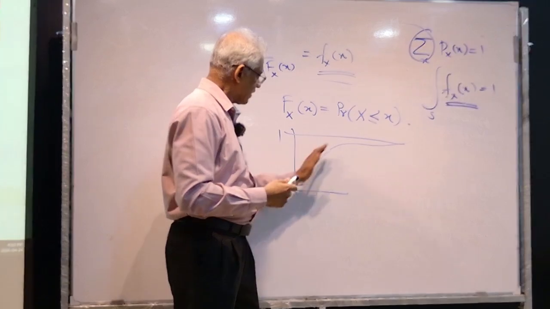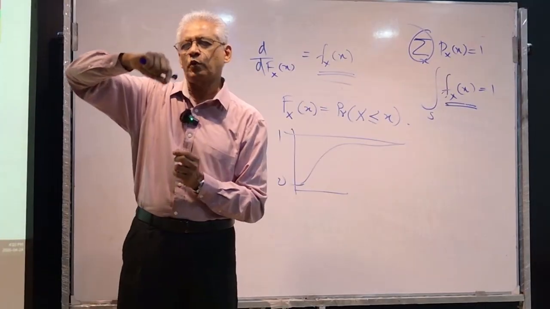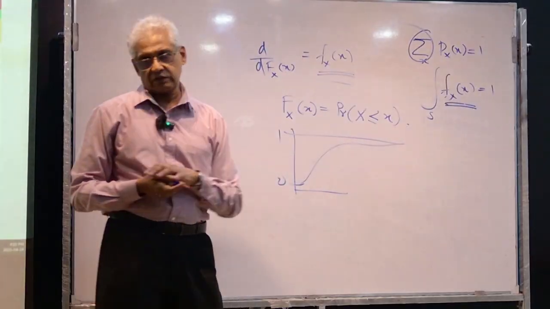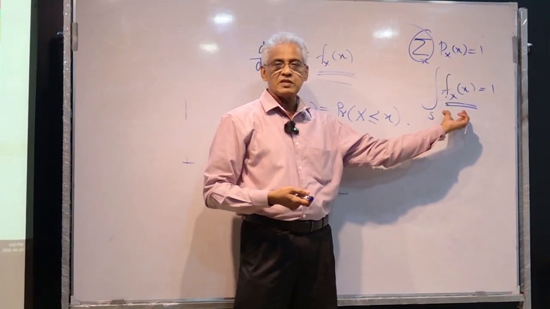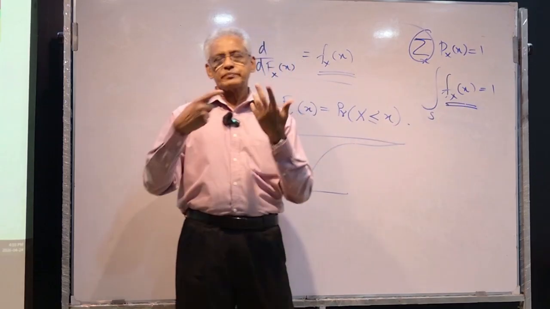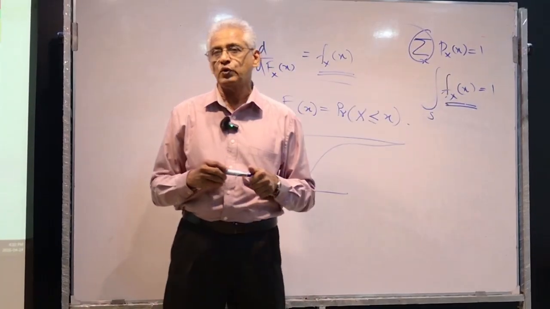So this function has some slope at each point, and if you get the slope at each point, you will have a new function. Let's call that function f(x), and we can show that this function satisfies this condition. It is also always greater than or equal to 0.